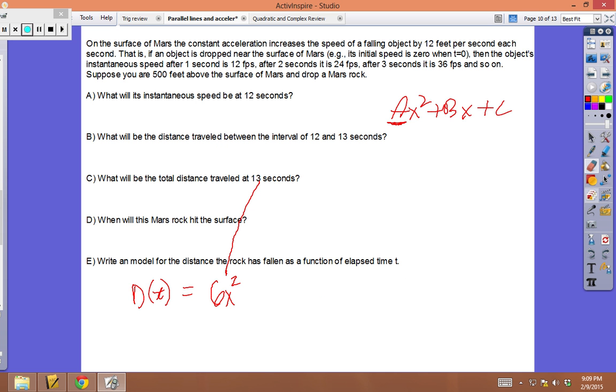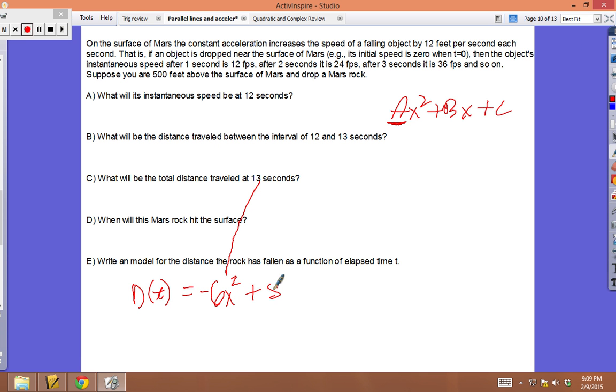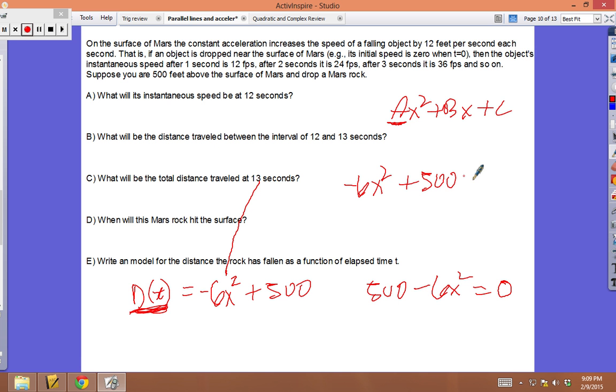Now I'm going to subtract that distance from 500, so I'm going to make it negative. I guess I could do 500 minus the distance fallen. And I want to know when this is going to equal 0, because this spits out distance, so I want it to spit out a 0. And so I've got negative 6x squared plus 500 equals 0.